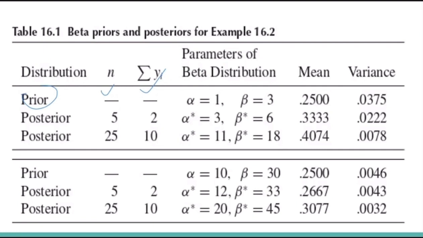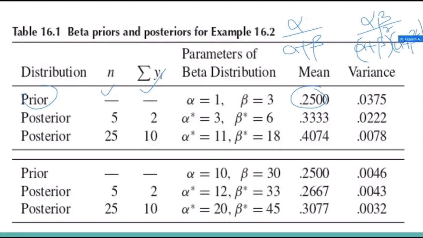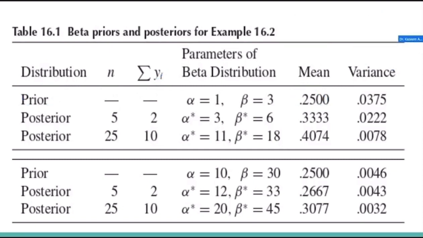So now, of course, we're actually going to get it because the mean is alpha over alpha plus beta. And then I think the variance is alpha beta divided by alpha plus beta squared, alpha plus beta plus 1. Let me write that.